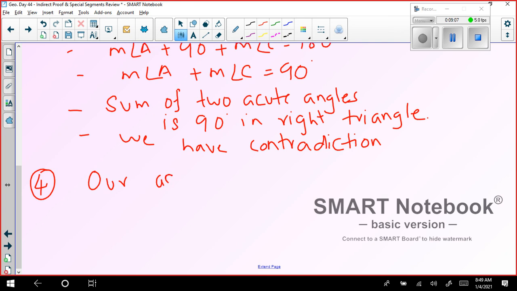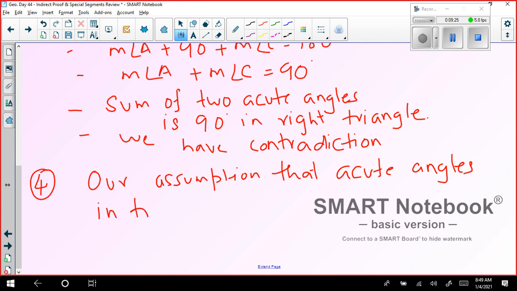our assumption that acute angles in triangles are complementary is false.